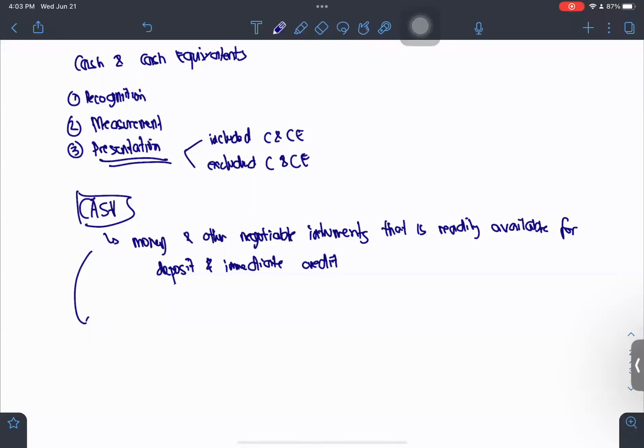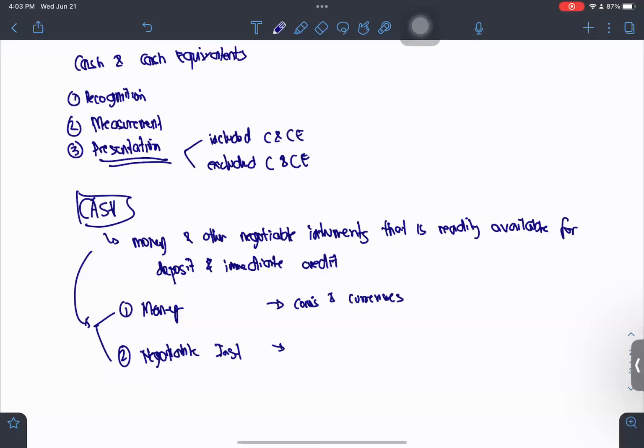Therefore, whenever we talk about cash, it is composed of two items. The first item is money, and the second item is known as your negotiable instrument. Now, for money, this is defined as your coins and currencies. For negotiable instruments, this is defined as those payable in money and acceptable by bank.